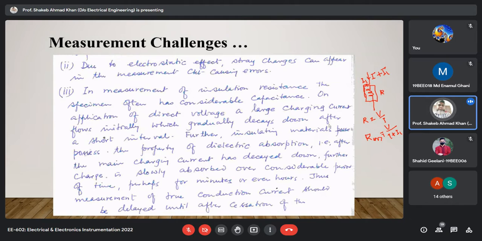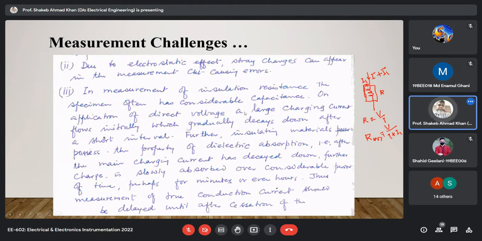So leakage current is one of the main challenges in measurement of high resistance, and we require some method, some means, so that we can avoid it, because the method which is used to tackle the leakage resistance basically avoids the leakage current. So leakage current is one of the pertinent issues.